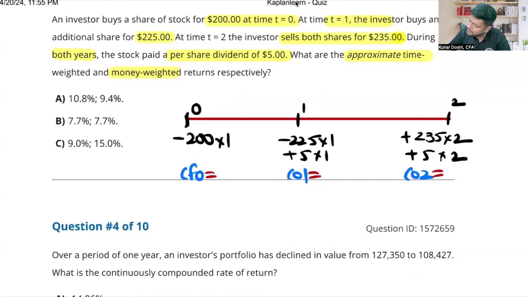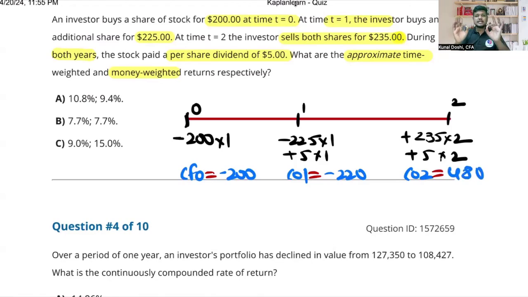Minus 200. Here it is minus 225, but you got $5 dividend. So can I say it is minus 220? Minus 225 plus 5. Dividend is an inflow, 225 was investment. And in the second year, 235 plus 5, that is 240 into 2, I'll get 480.